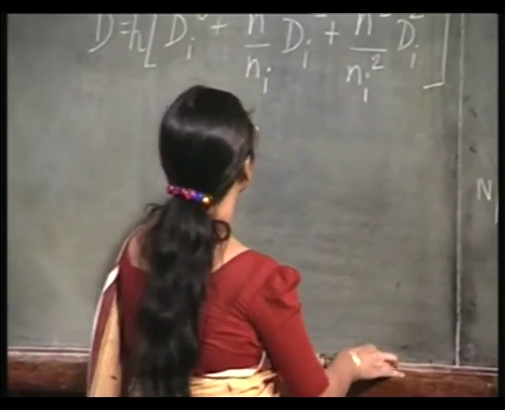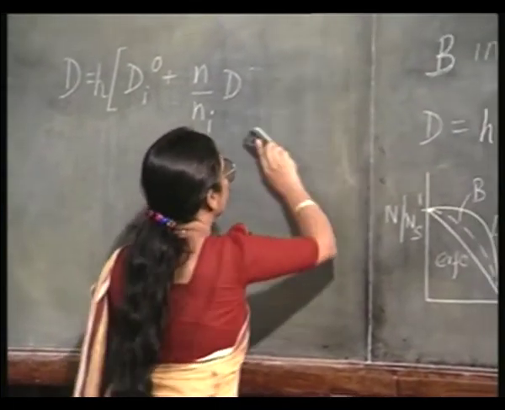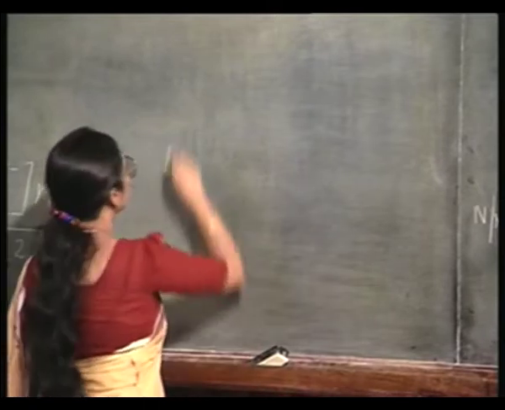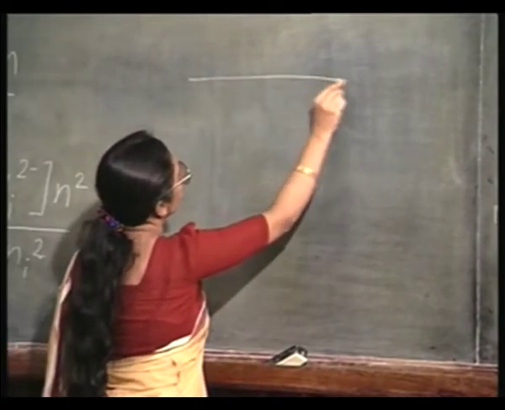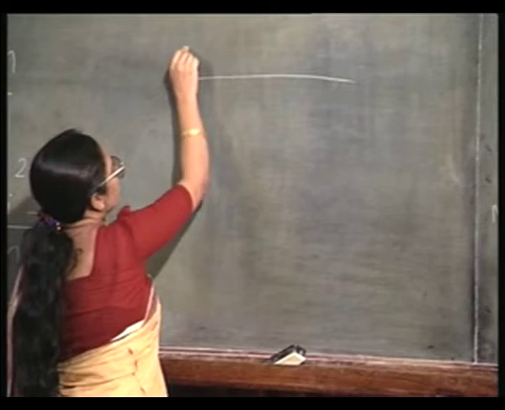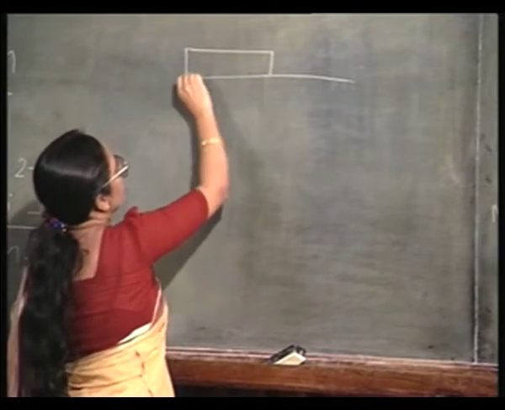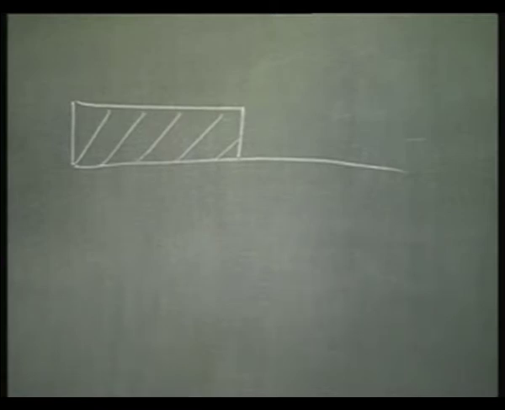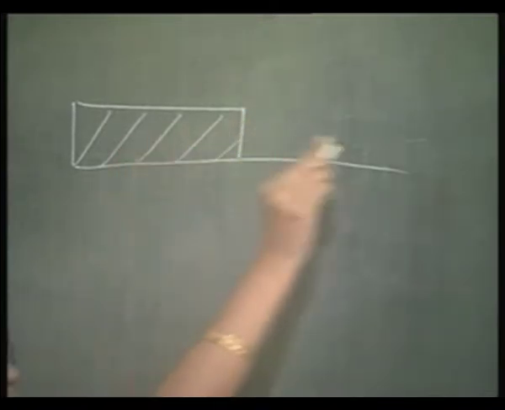So, it is going to be something like this. You have silicon, some part of it is masked by oxide and you are carrying out the diffusion.